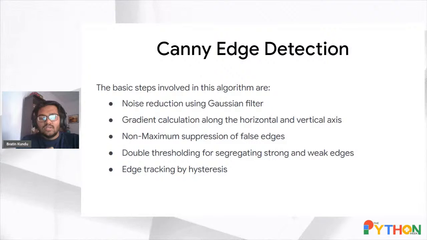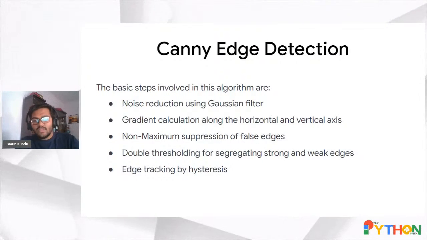Due to this, in some cases you have more than one pixel at one place, or more than one pixel getting duplicated at that position. To remove those pixels, we use non-maximum suppression to remove the false pixels.